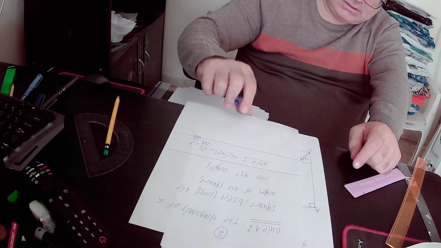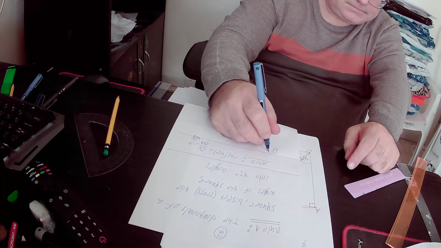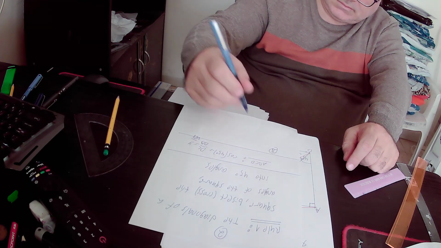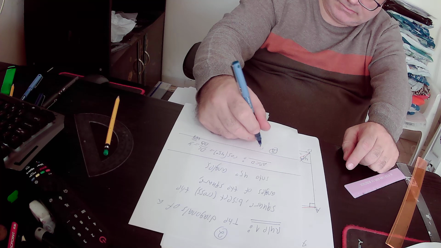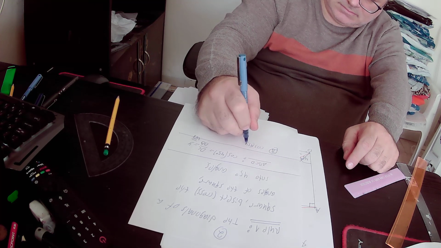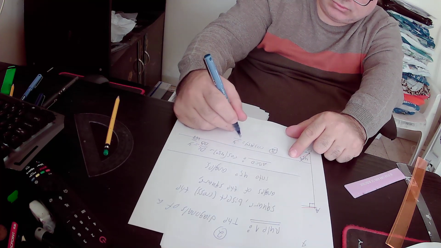So in total we got that cosine 45 degrees equals y over square root of 68.